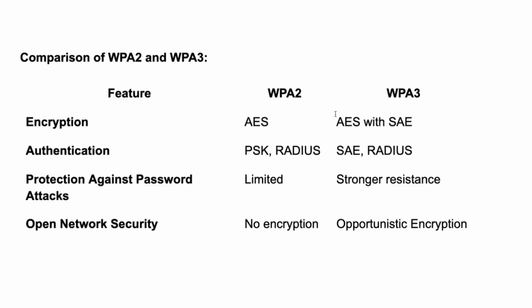Now, the questions you'll probably run across would be something like, this so-and-so network is using WPA3 and they want to make sure they have protection against password attacks. What kind of protection does it provide against password attacks, or what kind of authentication mechanisms are allowed through WPA3 that will protect against these types of things? You will most likely get a question where they throw in that this company is using this type of encryption for their Wi-Fi, and this is their scenario, this is their problem.